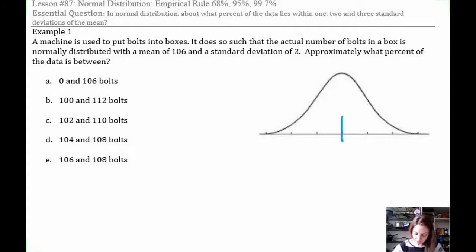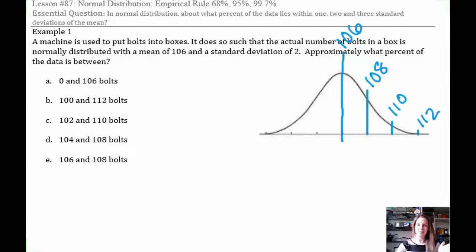So the mean is 106 bolts. The standard deviation of 2 means that 1 standard deviation above the mean is 108 bolts. 2 standard deviations is 110, and 3 is 112. See, I keep adding the standard deviation of 2.